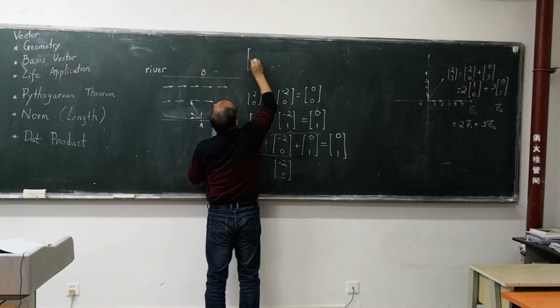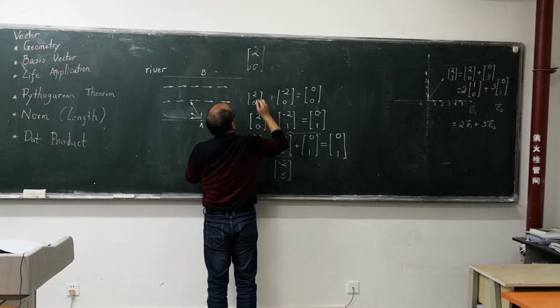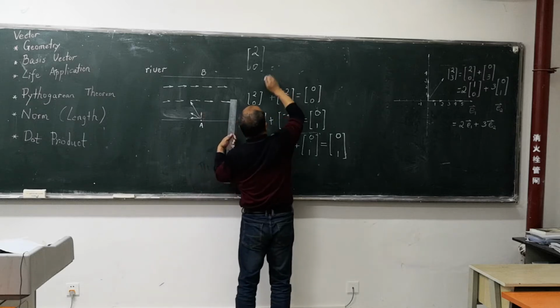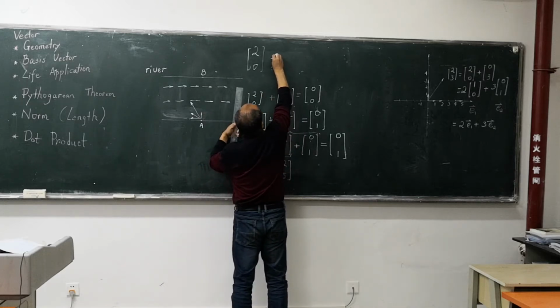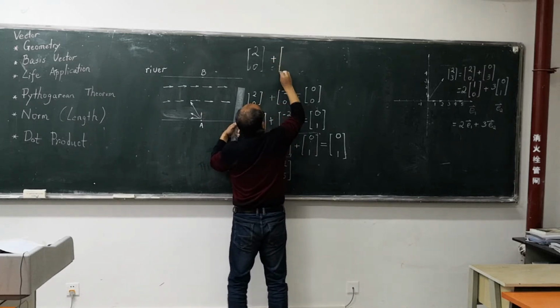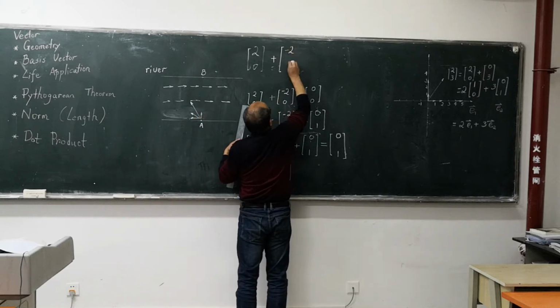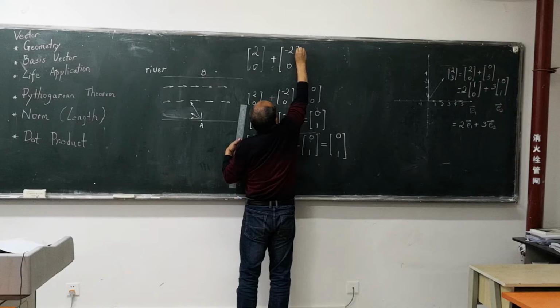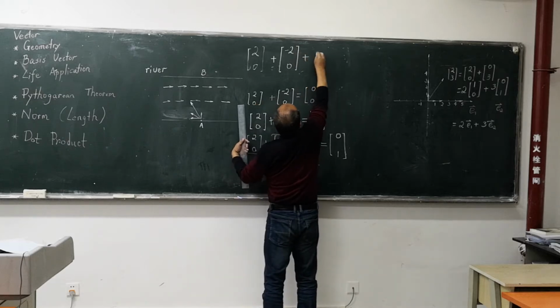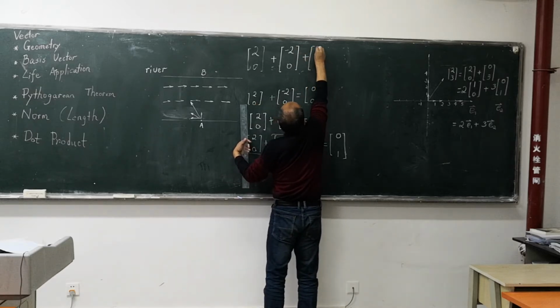Now you can look at it as this is the water force, minus 2, 0, and you can look at minus 2, 5 as minus 2, 0 plus 0, 5.